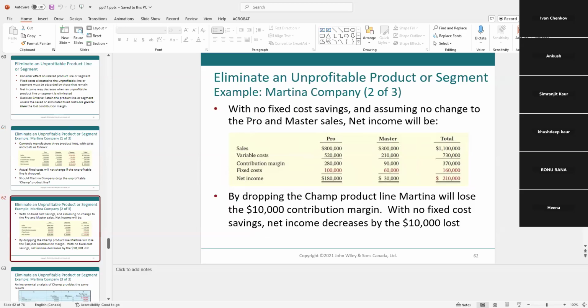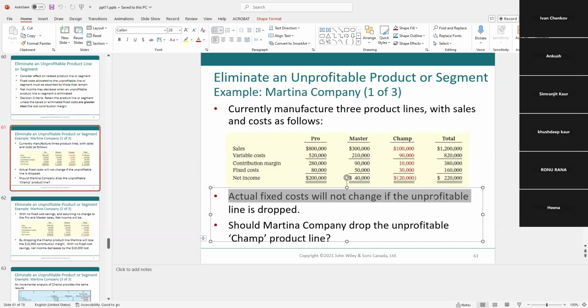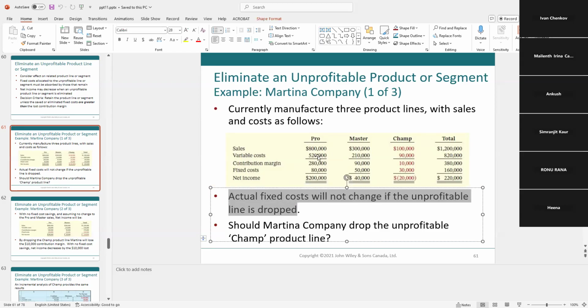So, with no fixed cost savings, the other thing it says here is the actual fixed cost will not change if the unprofitable line is dropped. What that means is the actual fixed cost in this case is $160,000. So this line says that if we drop this division, that $160,000 is not going to change. It's still going to be there.